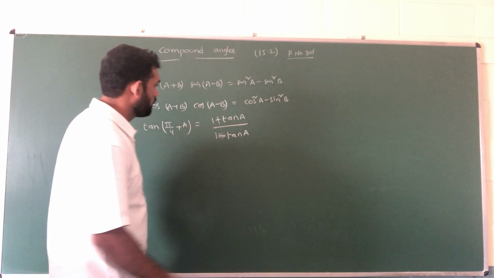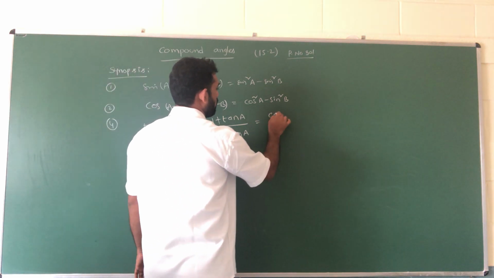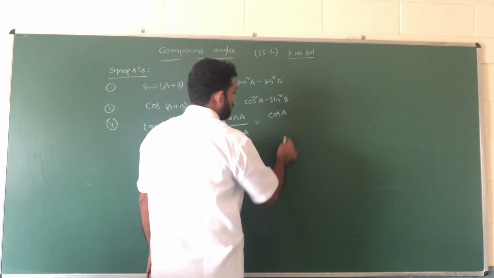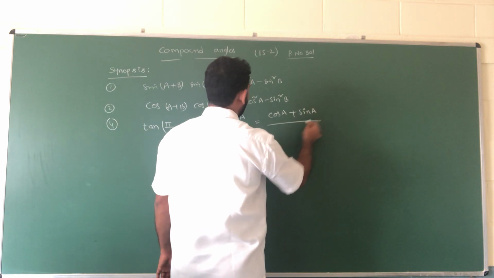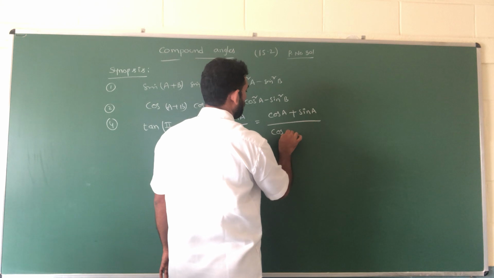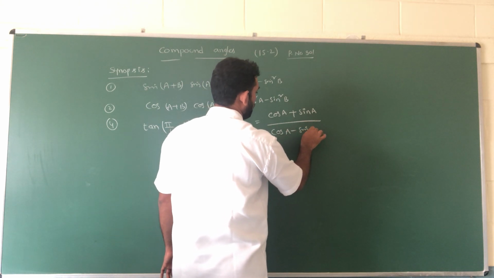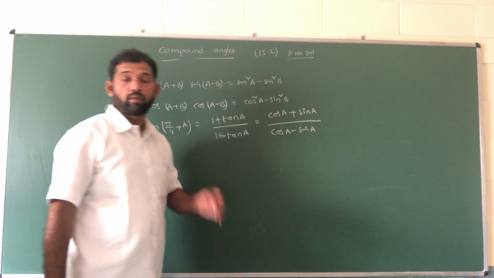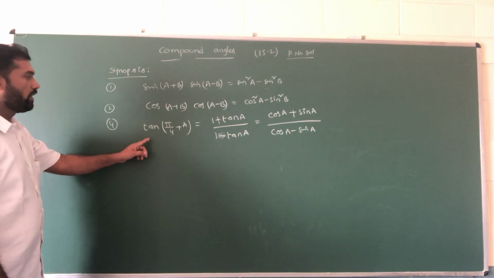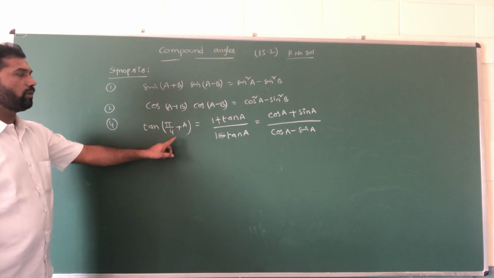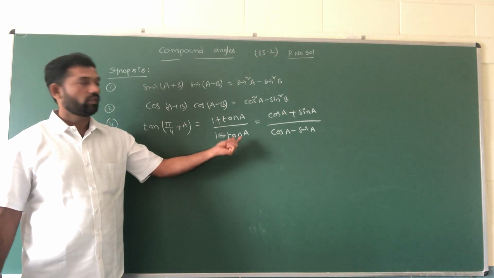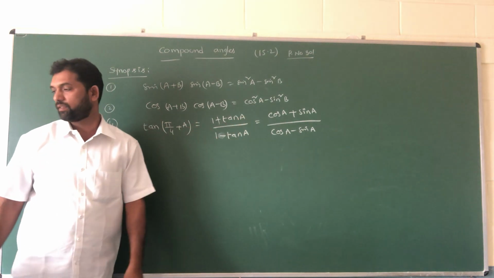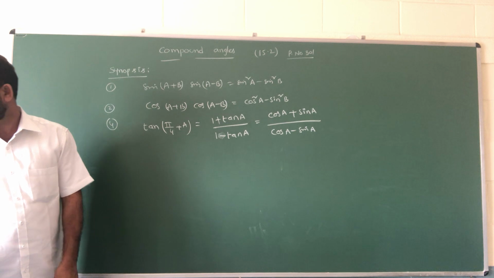This can also be written as cos a plus sin a divided by cos a minus sin a. The same formula: tan of 5/4 plus a, you apply the tan x plus y formula and you get this one.